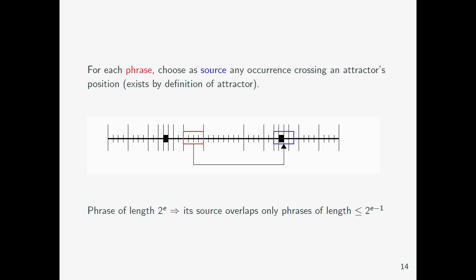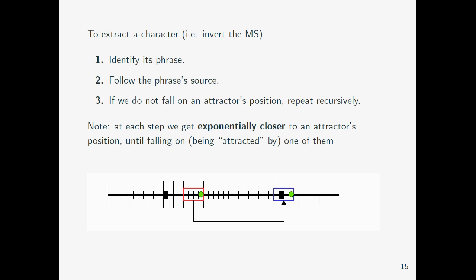So you can extract characters like this. To extract a character, for example this green character, you identify its phrase, and then you follow the source of the phrase, and you end up here. You note that this phrase has length at most half the size of this phrase. And you repeat recursively until you fall on one of the attractor positions.